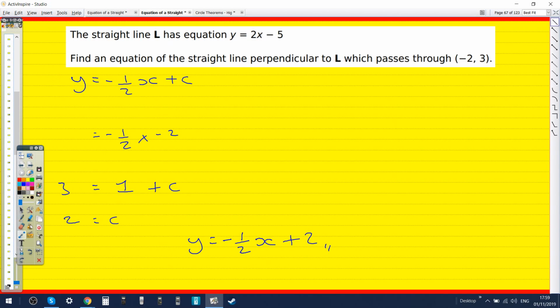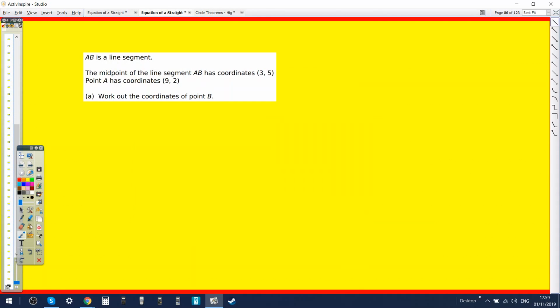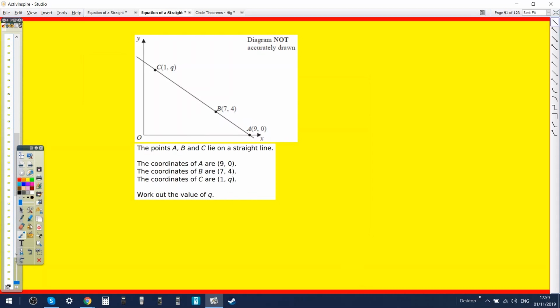Okay. How do you find the equation of a tangent to a circle? Sorry, how do you find what of a tangent to a circle? The equation of the tangent to a circle. I forgot.